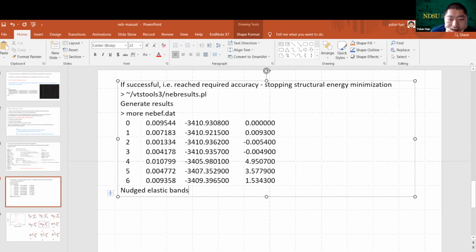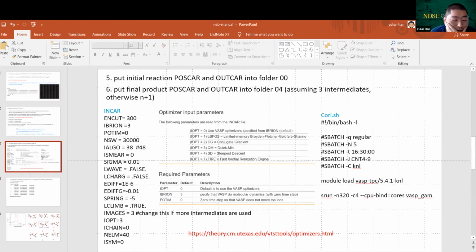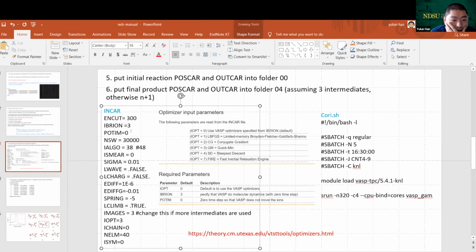The second question, why is POTIM equal to 0 and SW equal to some very large number? I guess this is a requirement for the code. Basically, the VTST people who write the script have a different version of the optimizer for VASP.